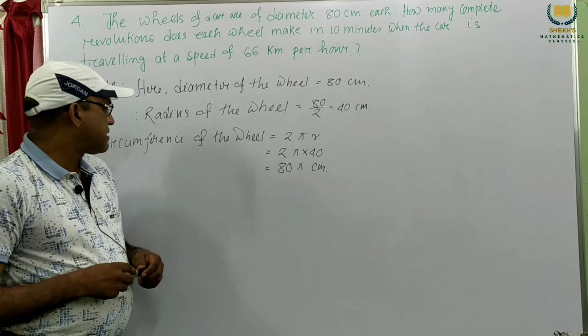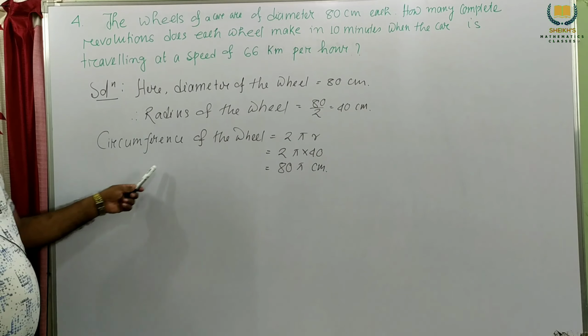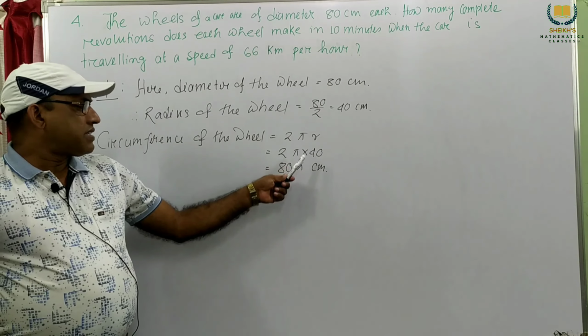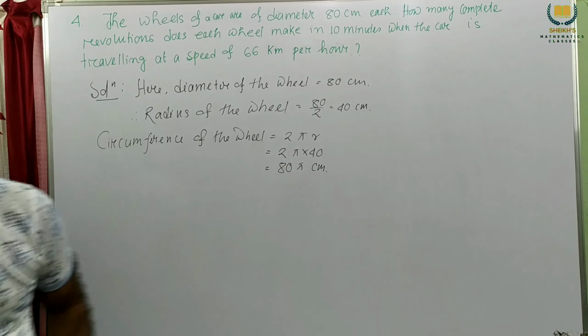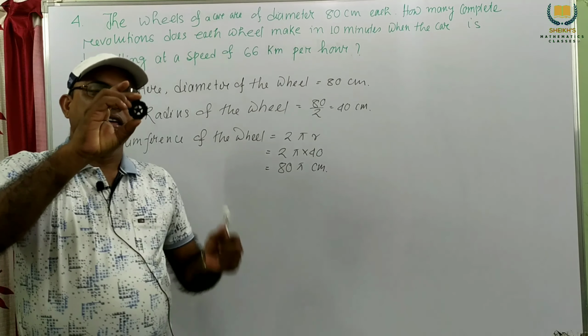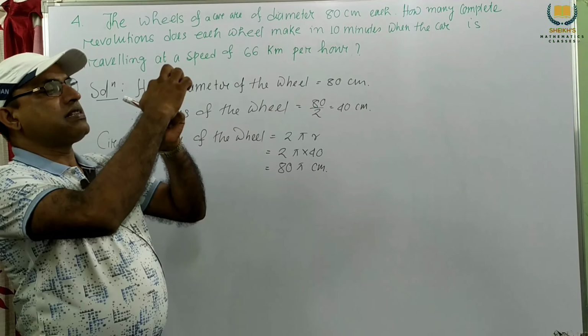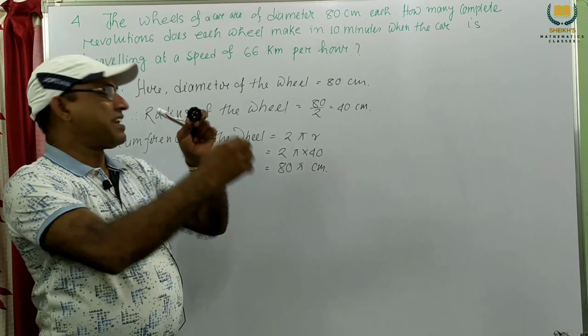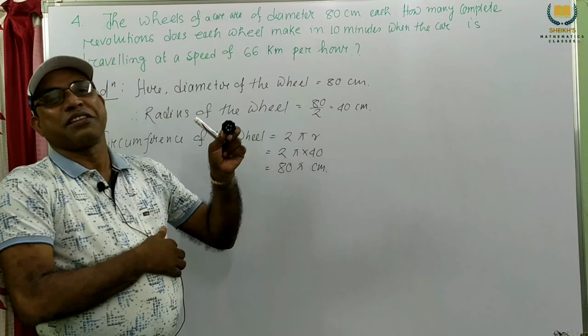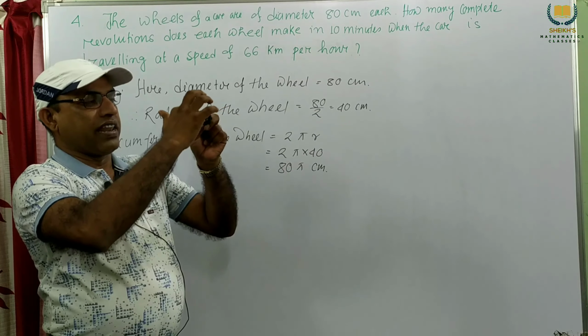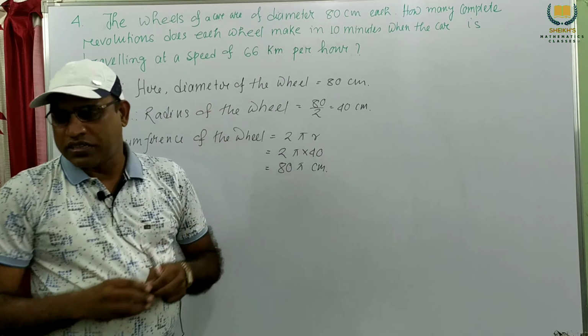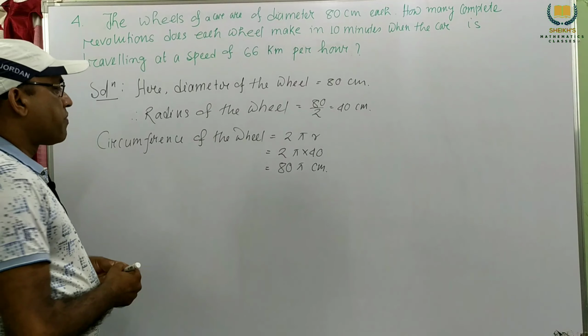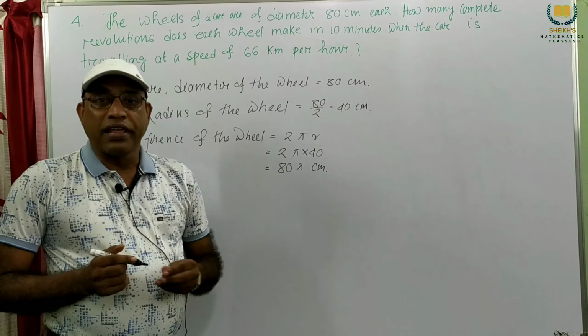Circumference of the wheel is 80 pi. That means suppose this is the wheel, circumference, this length is 80 pi centimeter. This is the boundary length of this. Now this is in case of wheel.